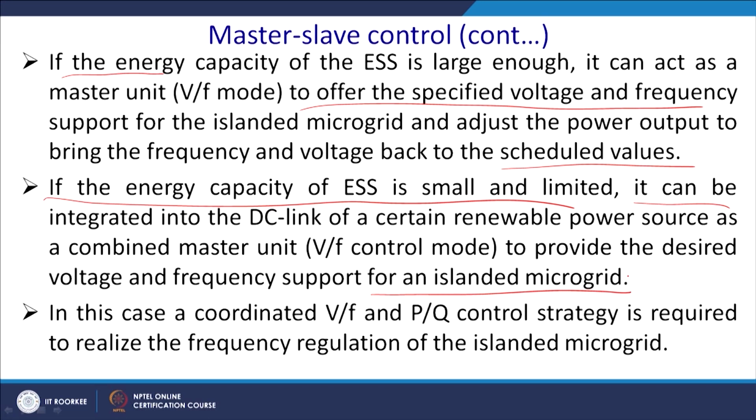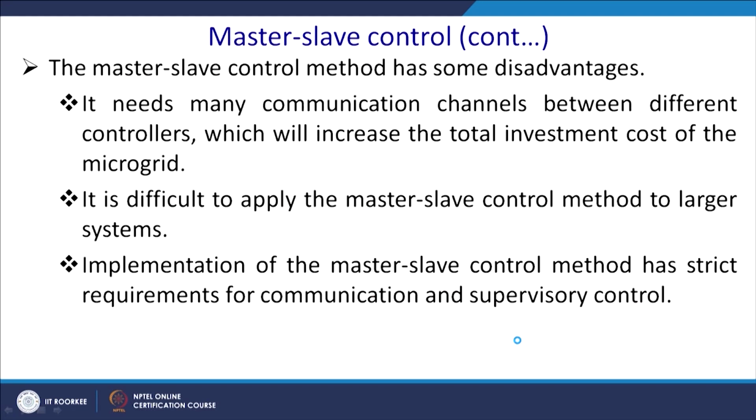So, that is the combination of the DG and the ESS. In this case, a coordinated V/F and PQ control strategy is required to realize the frequency regulation of the microgrid. Then maybe the ESS is running in V/F control, but the DG may be running in a PQ strategy, which is also possible.